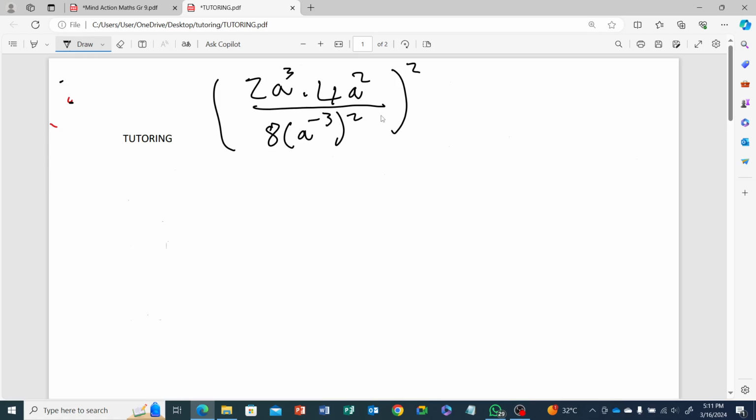So when you have an equation like this, you deal with whatever you have inside the brackets first.